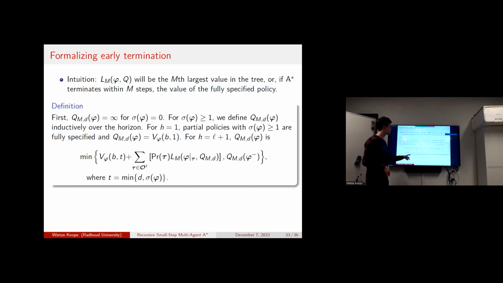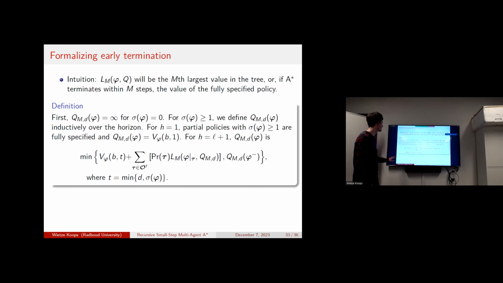And then here again we have this weighted sum, but before we had the actual values of these lower horizon Dec-POMDPs, and now we don't put the actual optimal values, but we put this heuristic from the tree here. And then in the next stage, of course, this is going to be my heuristic.